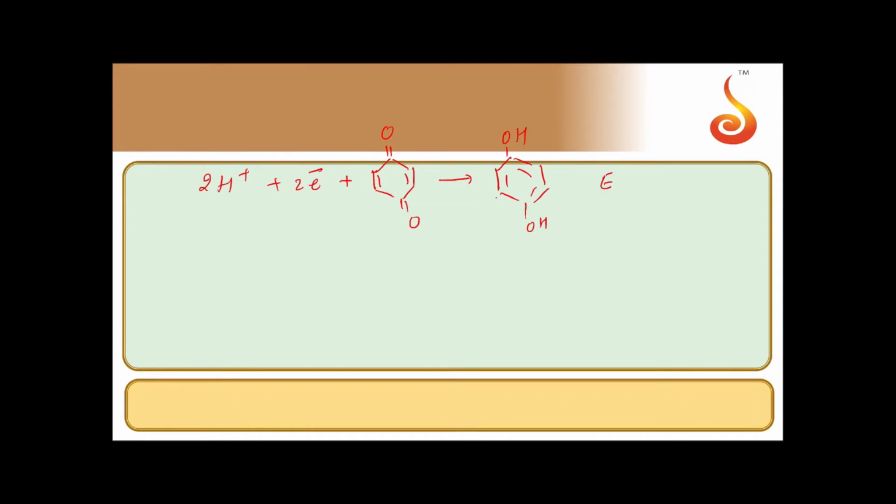Now for this, the potential E is equal to minus 1.3. We have written the reduction potential here, so we have changed the sign. The question gave us the oxidation potential, but we wrote the reduction potential here. The concentrations of these two remain the same, so we need not write them in the final expression. The E0 value is already given in the question itself.